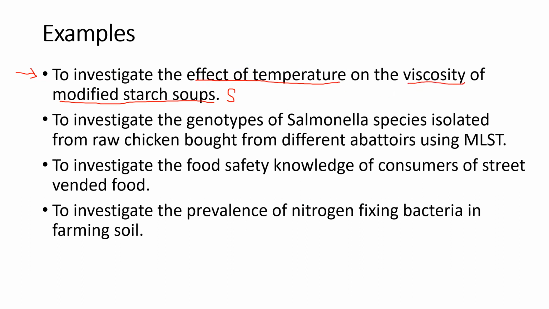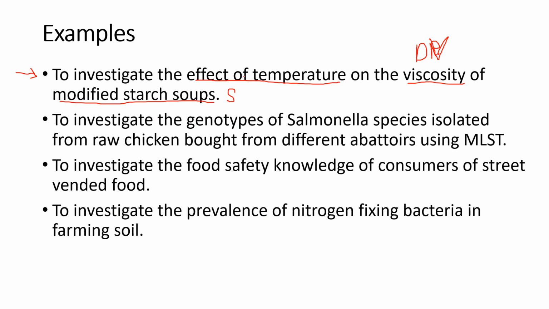So temperature is the treatment on what? Viscosity. So if I imagine this experiment, it means I'm going to have my samples, then I'm going to treat them with different temperatures, then I'm going to collect data on viscosity. So the viscosity is the variable that will be collected at the end of the experiment. So that is the dependent variable, DV.